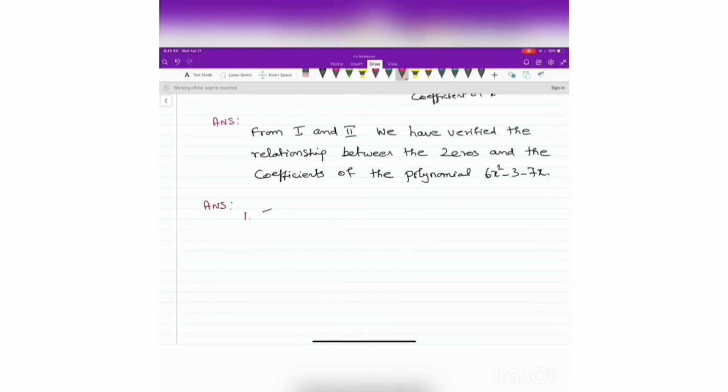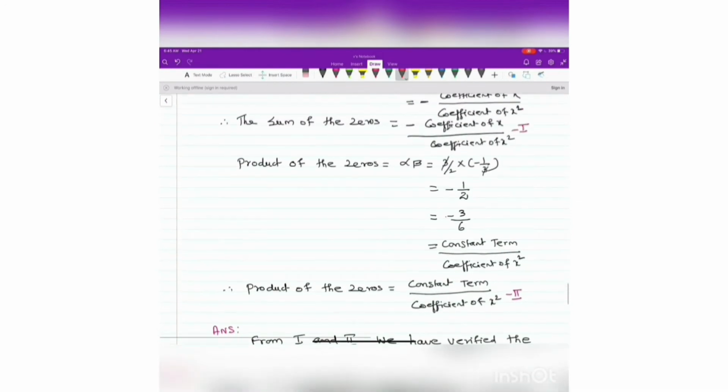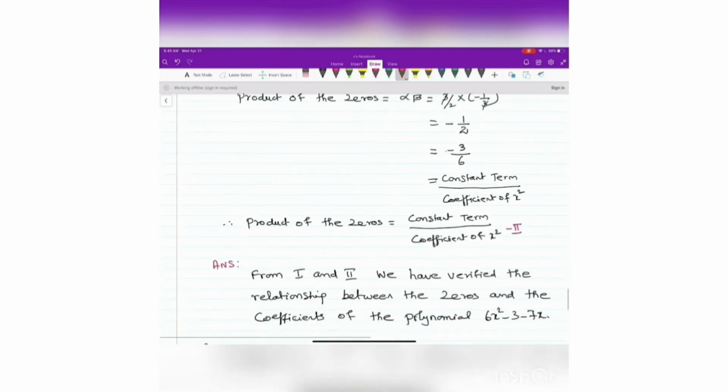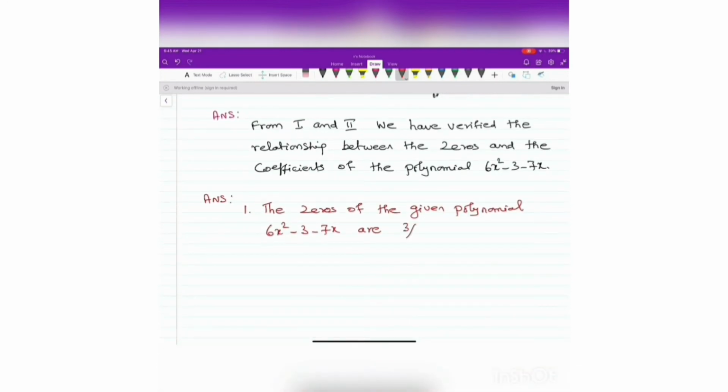The first one: the zeros of the given polynomial, or the quadratic polynomial 6x square minus 3 minus 7x, we got as 3 by 2 and minus 1 by 3.